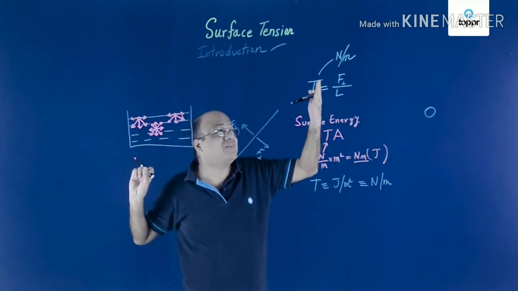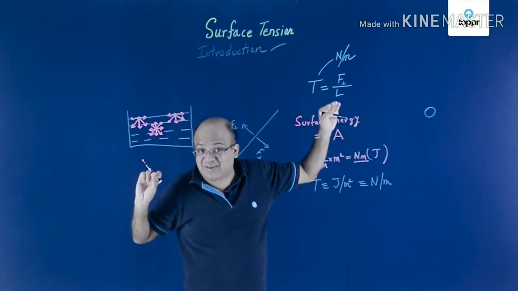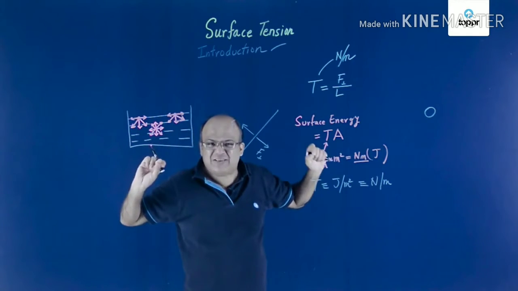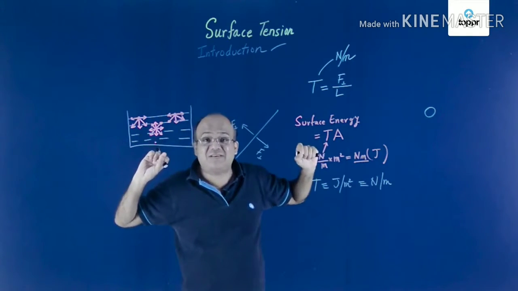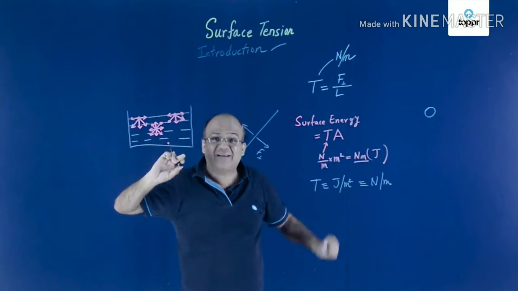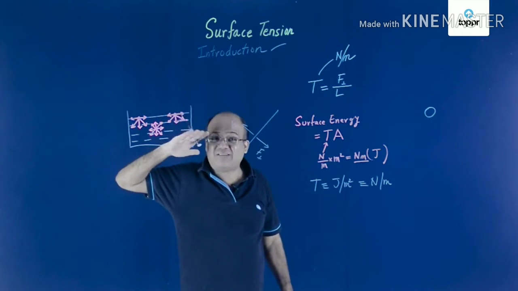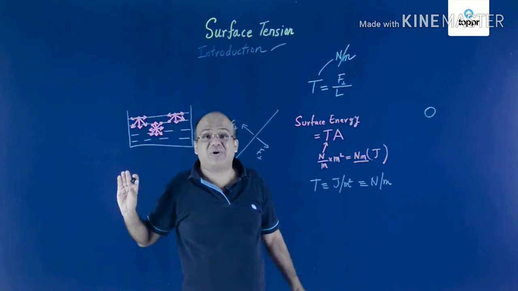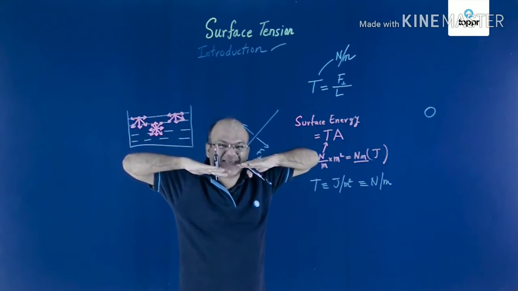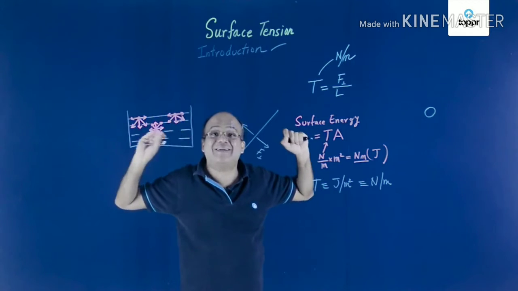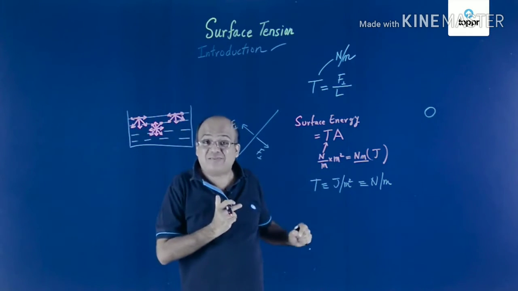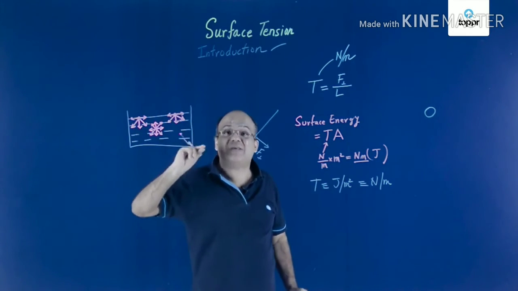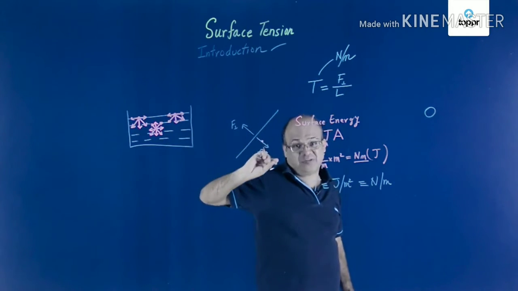So, it is having a unit of Newton per meter. Surface energy is surface tension into area, and because of surface tension, the free surface of a liquid behaves like a stretched membrane under tension and tries to occupy as minimum area as possible.